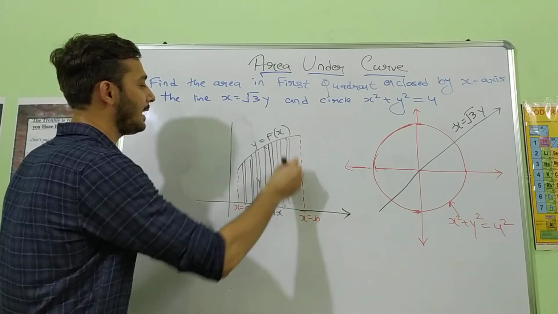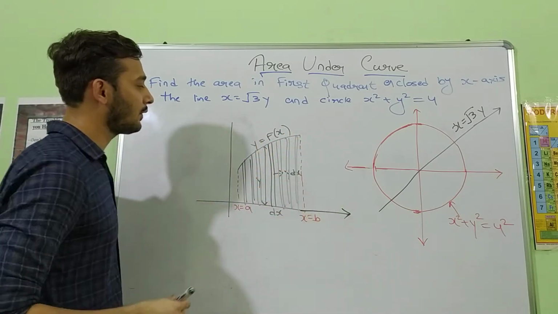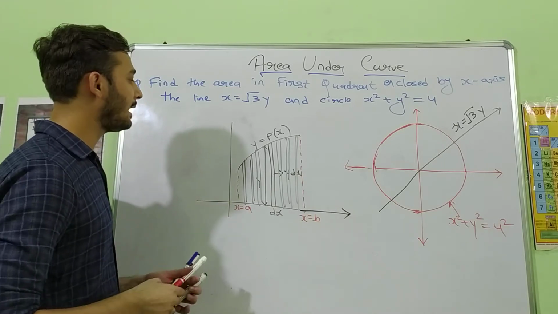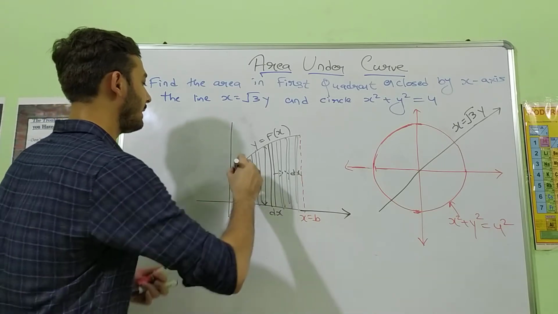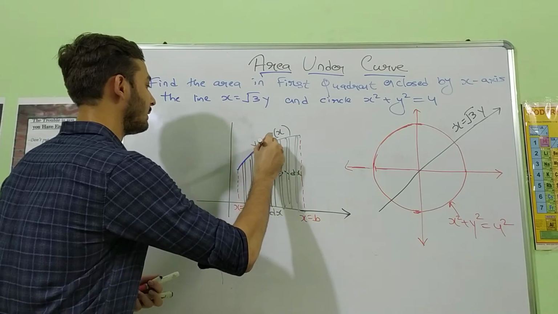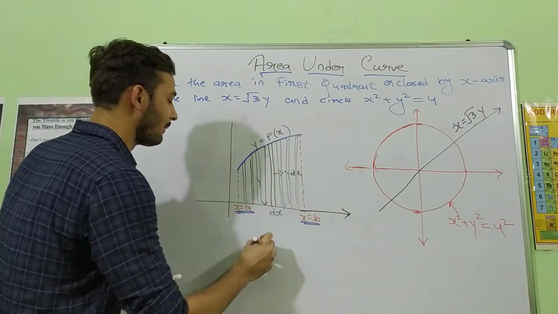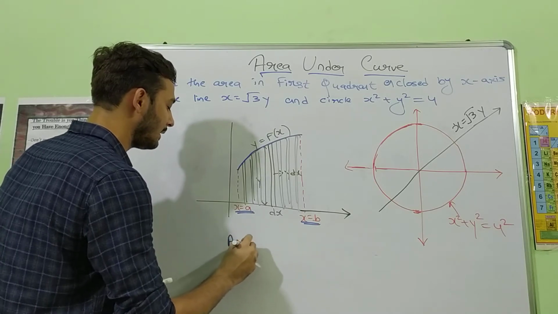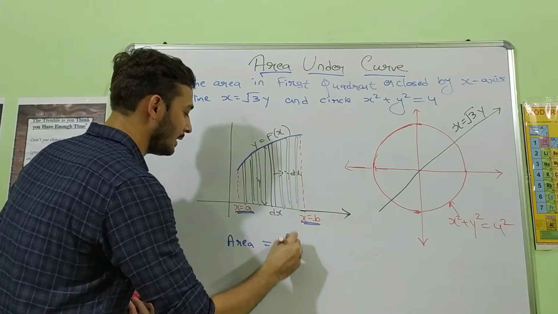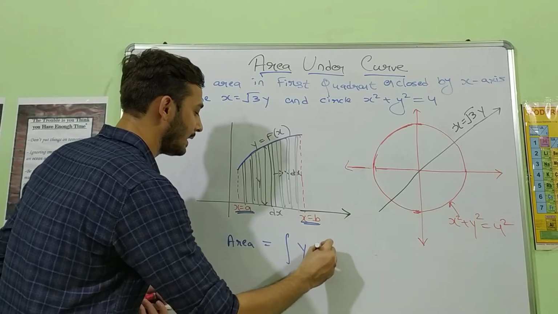If we add all these strips, we get the entire area under this curve from the point x equal to a to x equal to b. So area is nothing but integral y dx.